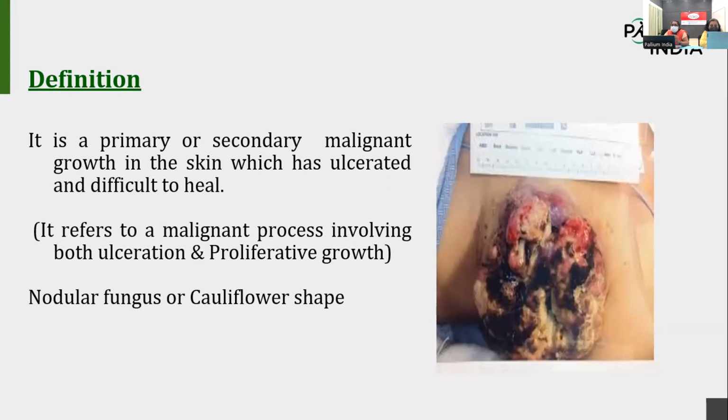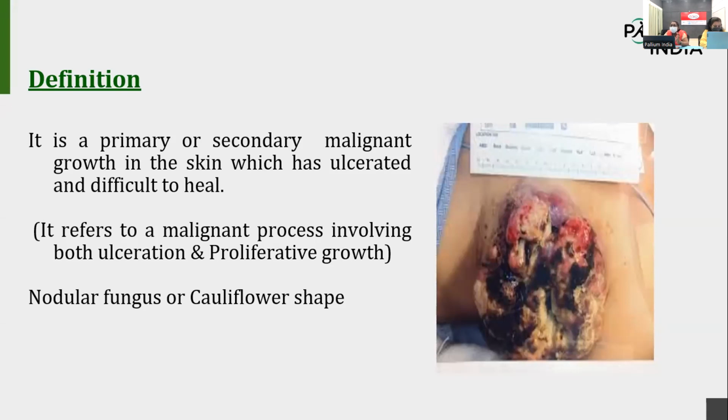So here it is a malignant process involving both ulceration and proliferative growth. So day by day, the proliferative growth will be there and ulceration also. A lot of necrotic tissue will be coming out, and a lot of problems: physical problems, psychological problems, spiritual and social problems. Also this is a nodular fungus or cauliflower in shape.